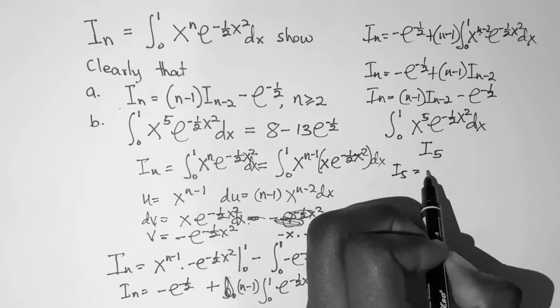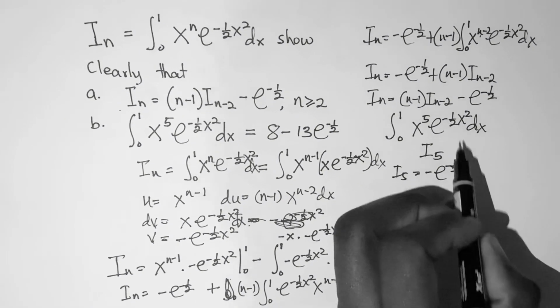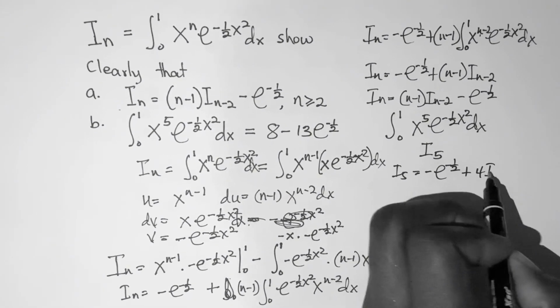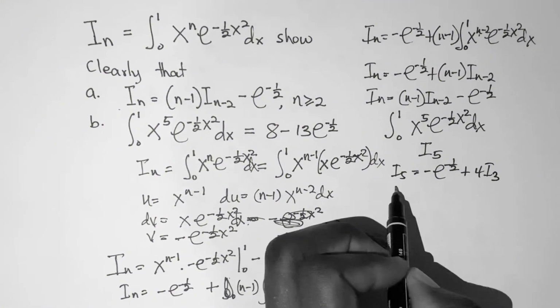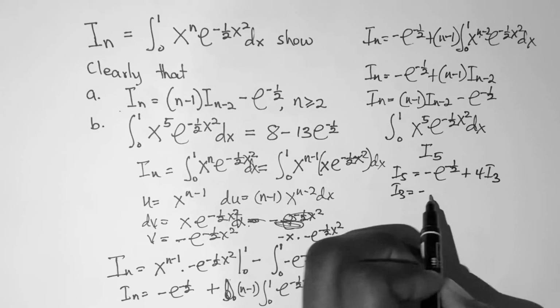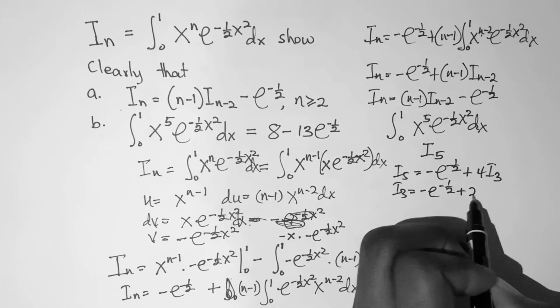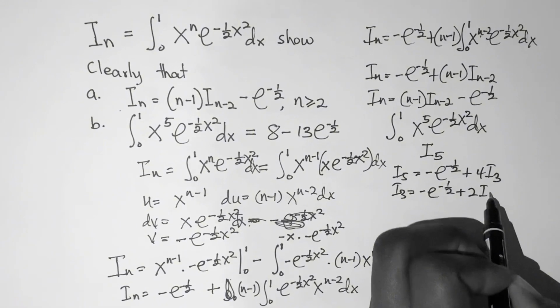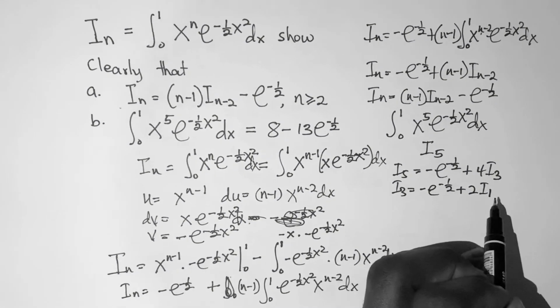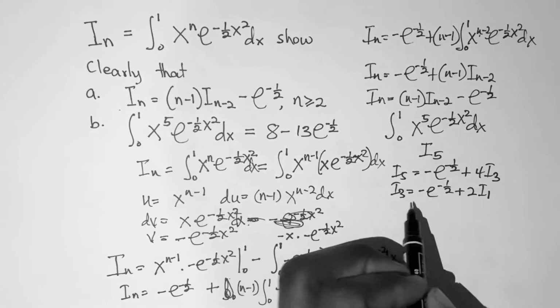I5 is equal to minus e^(-1/2), then plus 4 I of 3. Then I3 is equal to minus e^(-1/2), then plus 2 I of 1. And now we cannot go further, so we need to evaluate I of 1 from here.